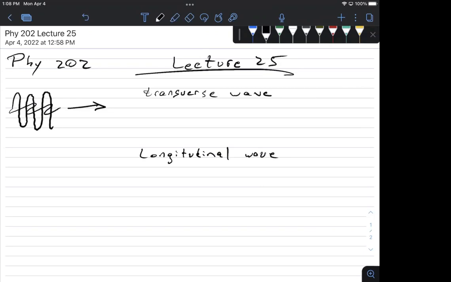It's a little harder to draw, but we're going to imagine sound waves are longitudinal waves. If the wave is moving left to right, then the waviness of the wave is also left to right. You can imagine having a bunch of air molecules, and the wave is the pressure moving the air molecules towards each other and away from each other.